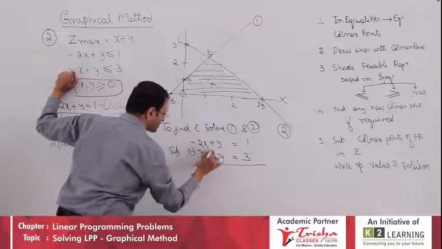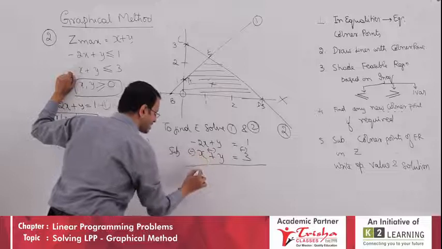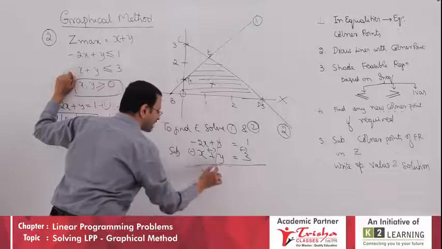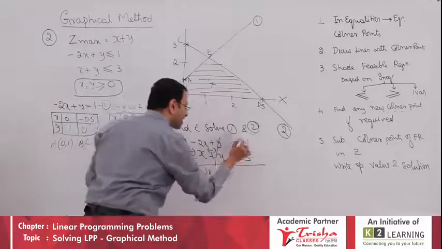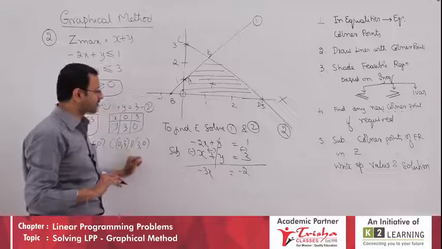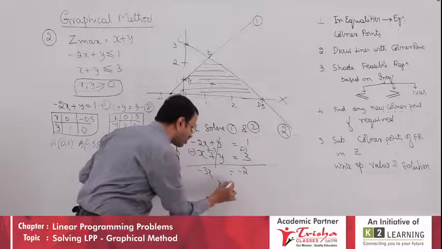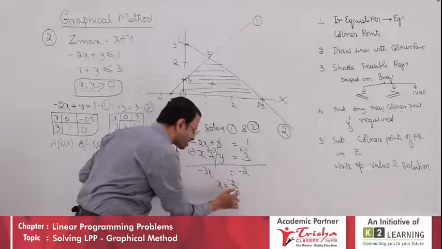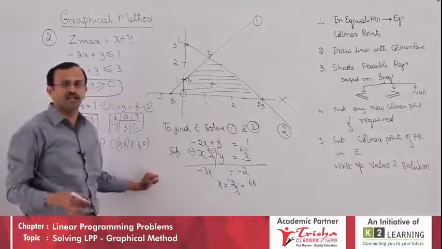Plus is minus, here also minus. Minus 2x minus x is minus 3x, y cancels, minus 3 plus 1. Minus 3 plus 1 will be minus 2. Therefore, x equals minus 2 by minus 3, 0.66, or you can take 0.7.